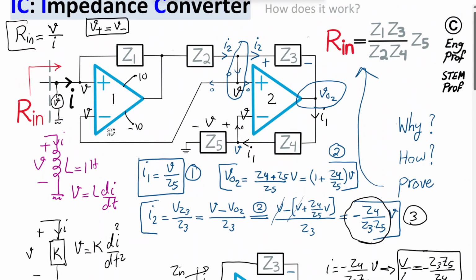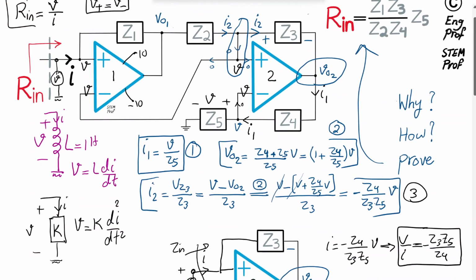Now, we found I2 in equation 3 as a function of the voltage V. What's the use case of that? Well, because of that, I can find V out 1 at the output of op amp 1. How? Well, we know that this node is V. So I'm going to write it here.